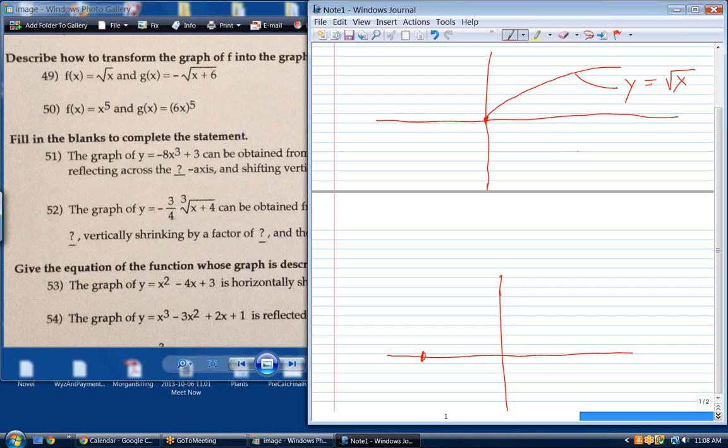You can stretch vertically or shrink vertically. That's 2 more things. You can stretch horizontally or shrink horizontally. That's 2 more things. So that's 8. And then the last 2 things you can do is reflect across the axes, either the x-axis or the y-axis.